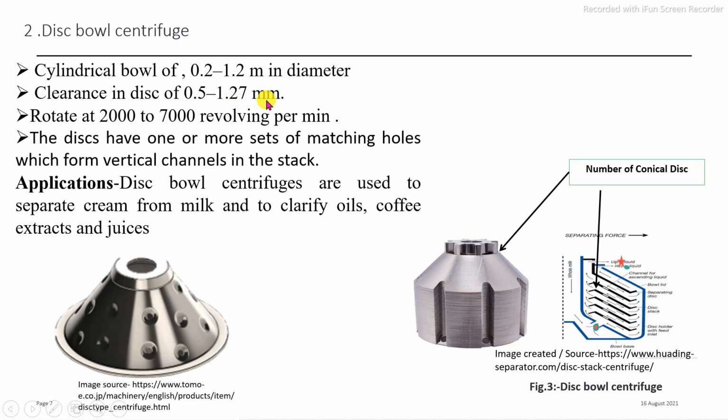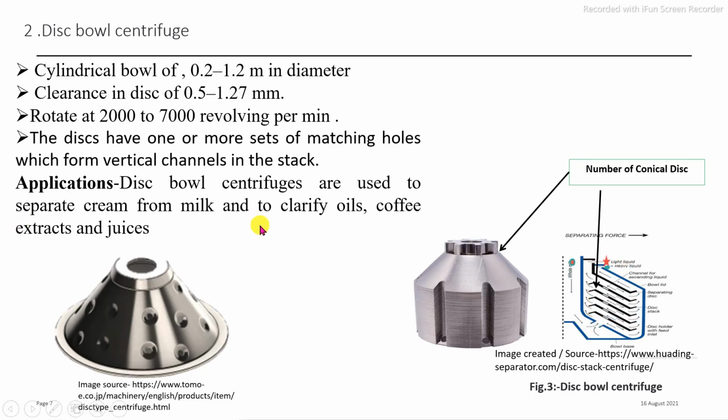The discs are set in such a manner that they form holes, forming a vertical channel in the stack. The basic purpose of fitting a number of discs inside that rotating bowl is to provide maximum surface area to separate the constituents on the basis of the density difference.